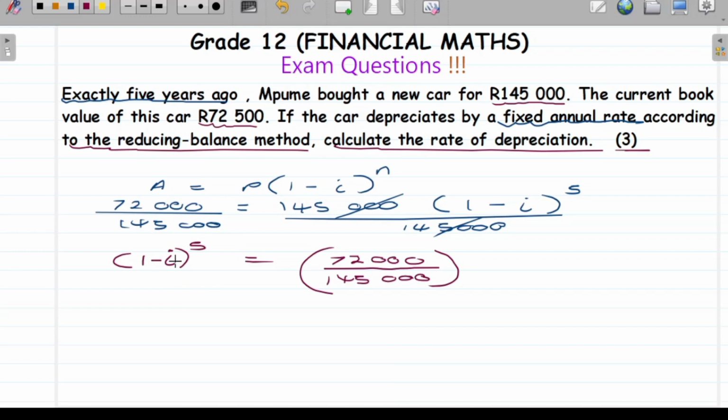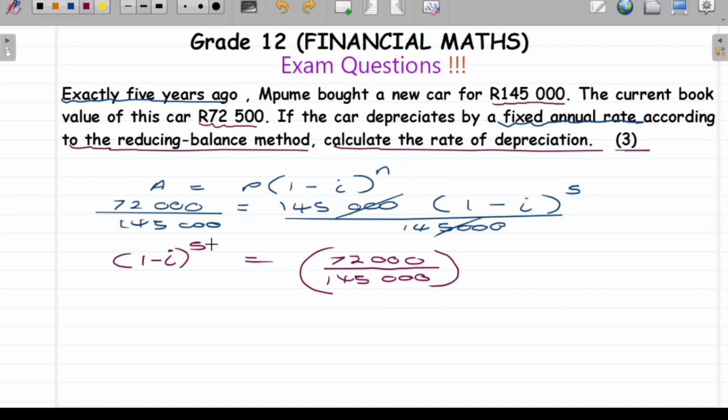Check this out. We have 1 minus i to the power of 5. Normally what you would do is root this side by 5. But what I like to tell learners is a way that makes more sense.